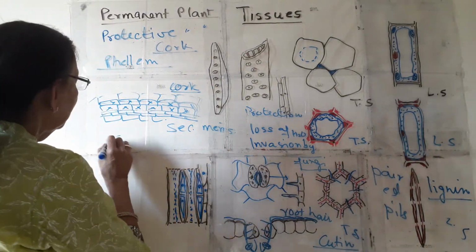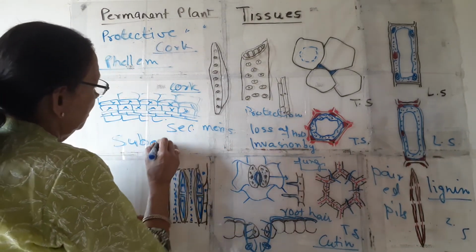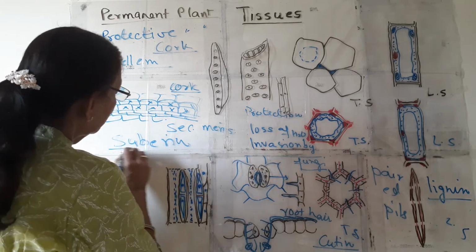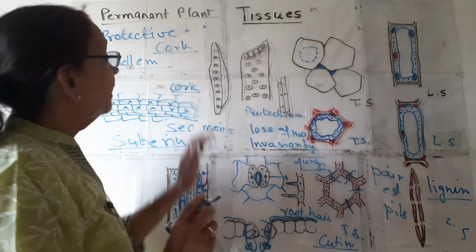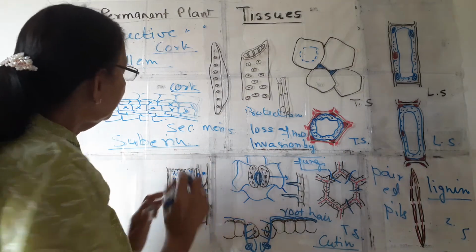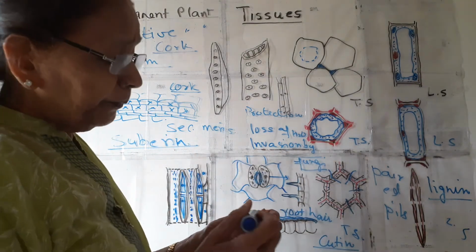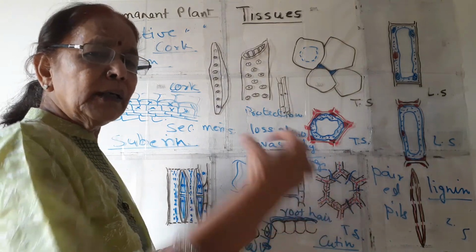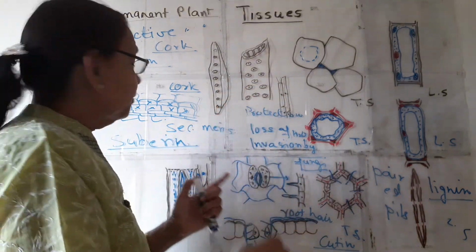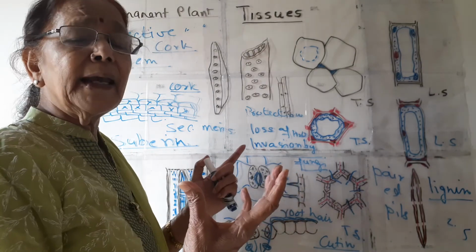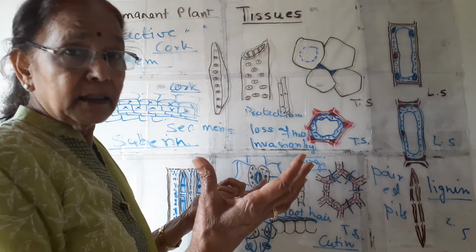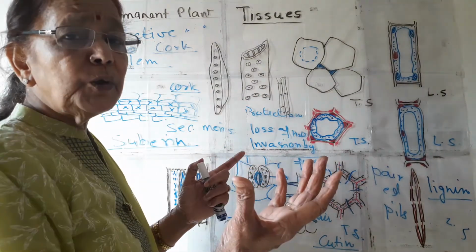This cork has a special chemical known as suberin. Inside the cork cells, this suberin is present, and this suberin is somewhat light. You must have seen cork as the lid of bottles. And these cork cells are dead cells. They don't have any cytoplasm or nucleus.